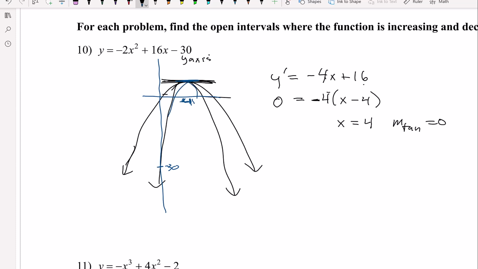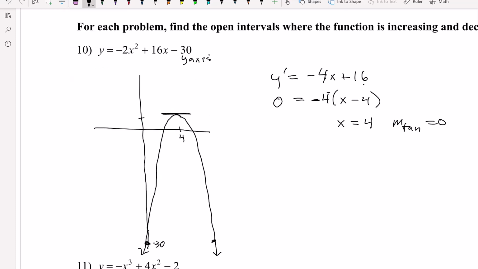The graph goes up just like that. All right, so notice, this is a little bit better sketch of the situation right here.